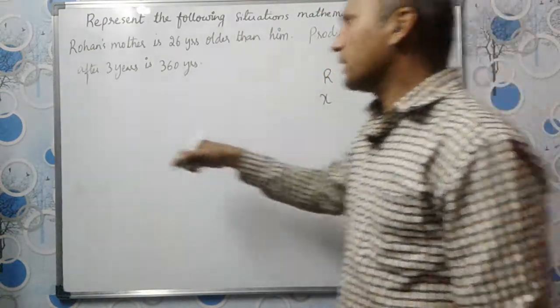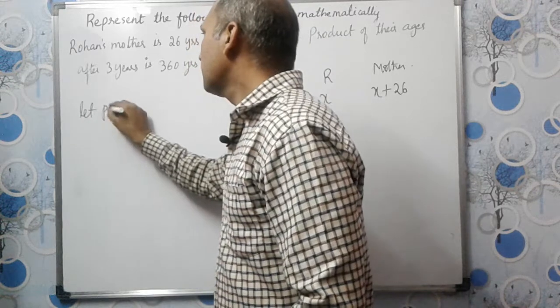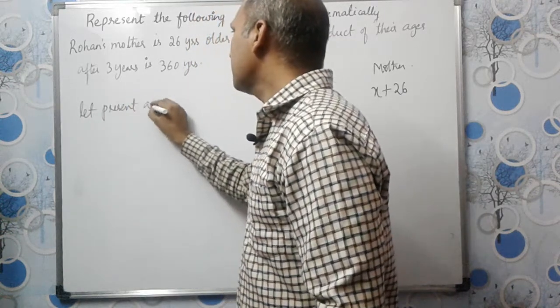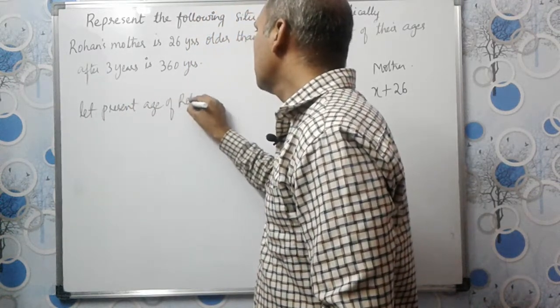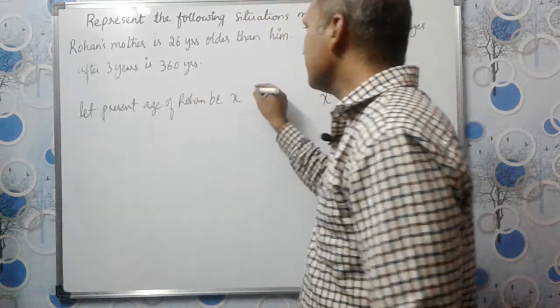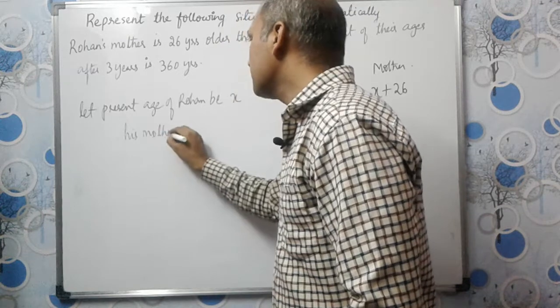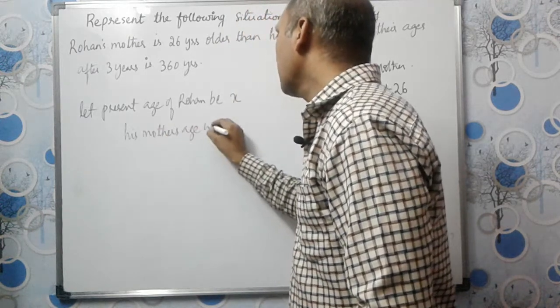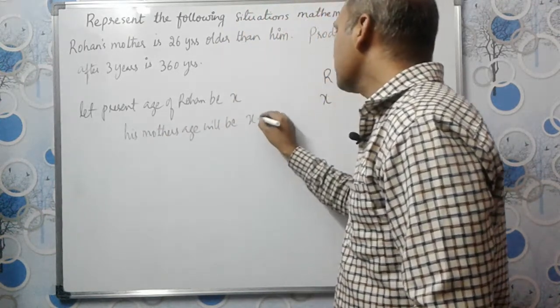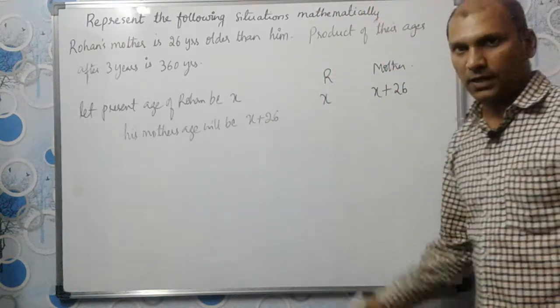Let the present age of Rohan be x years. His mother's age will be x plus 26. Okay, I hope you understood that.